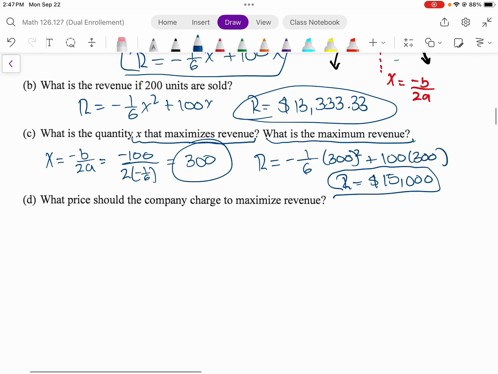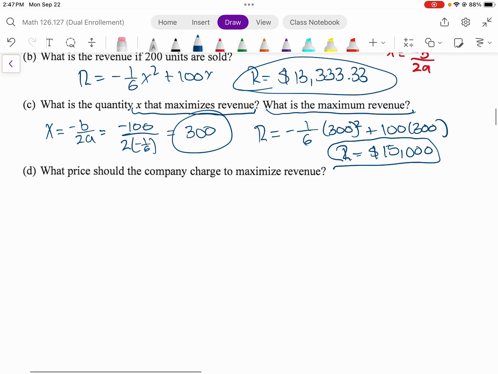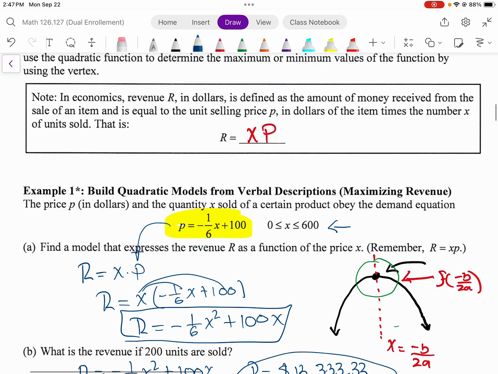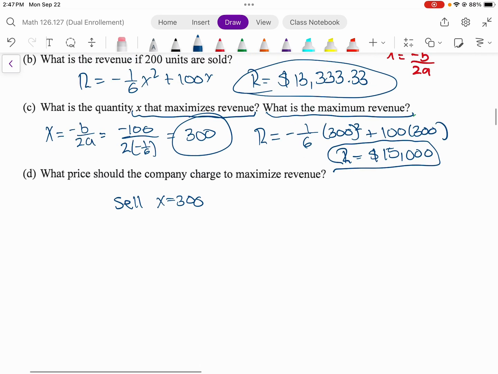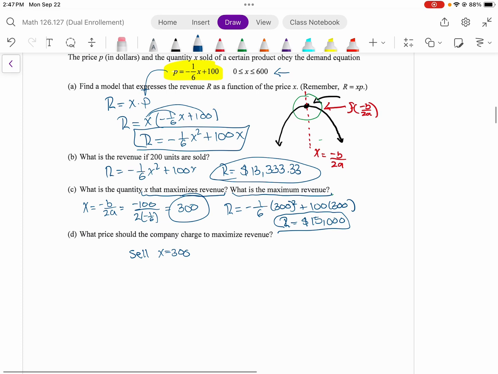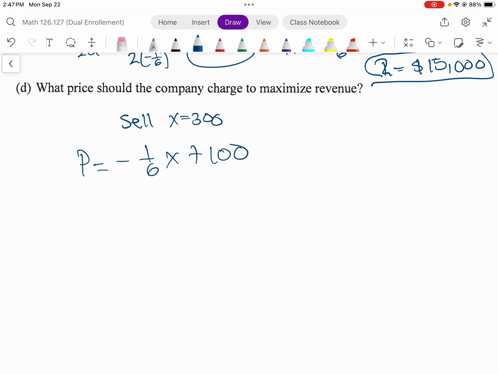And lastly, what price should the company charge to maximize the revenue? So we know that we need to sell 300 items. What is the price of that item? Well, if you remember earlier, we got an equation of P, which is the price in dollars. So what we're going to do is take that equation, which is P equals -1/6x plus 100, and we're just going to go ahead and plug in our X value.